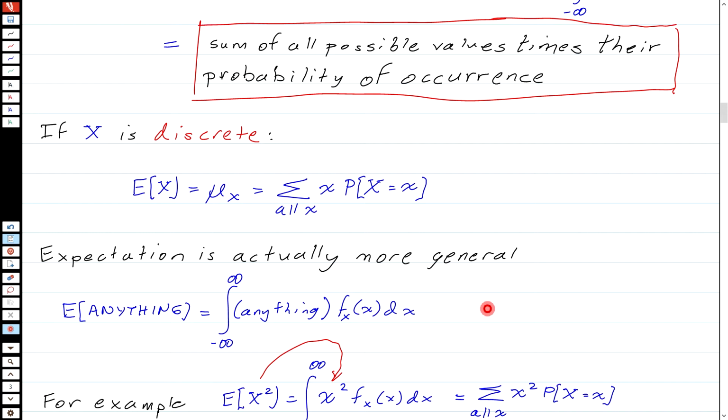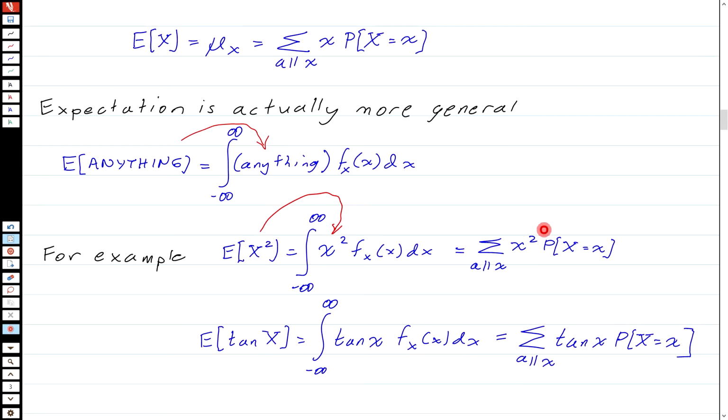The expectation of anything, so I put anything in capital letters, in this case any function of capital X, is the anything inside, which comes in here and is made lowercase, multiplied by its probability of occurrence. So, for example, we can look at the expected value of X squared.